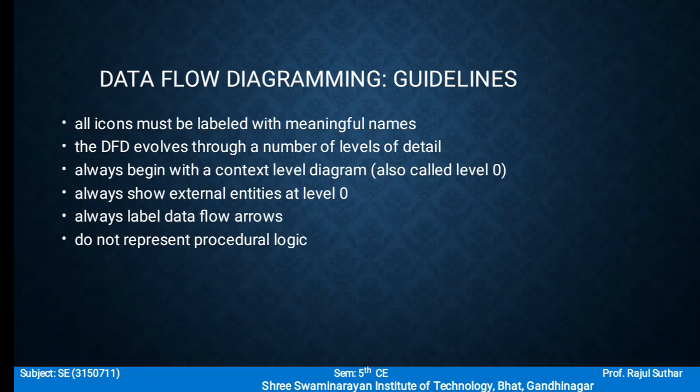The context diagram is also called the level 0 diagram. Always show the external entity at level 0. Then always label data flow with the arrow and do not represent the procedural logic. In this DFD, we do not mention any logic or any step.